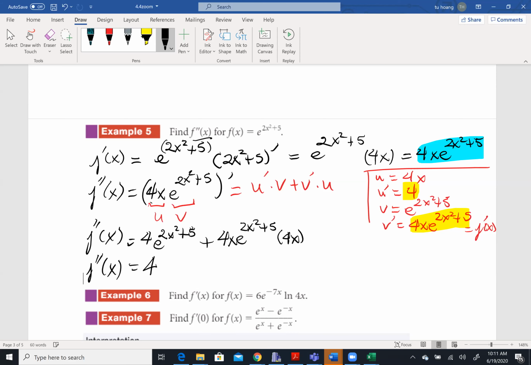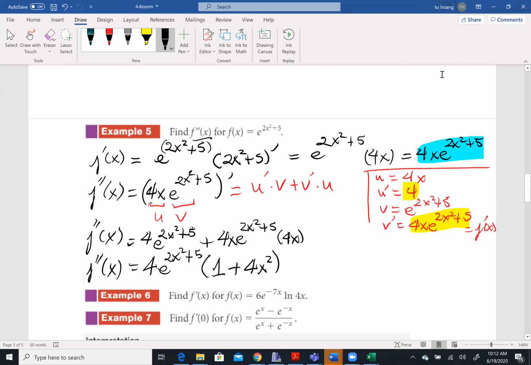I have 4 e to the 2x squared plus 5, and then multiply with the first one, which gonna have only 1, plus the second one, which gonna have 4x squared, right? Yes. Okay, so that should be the answer for problem number 5.